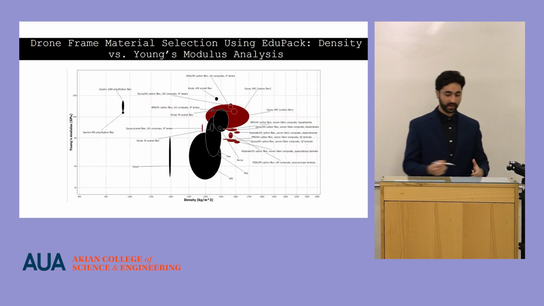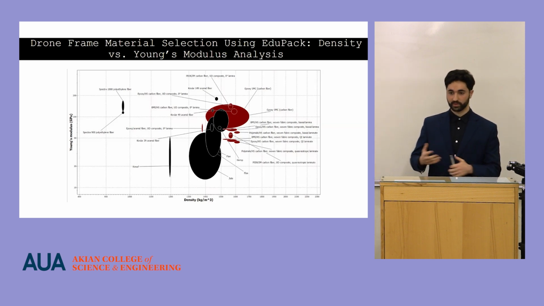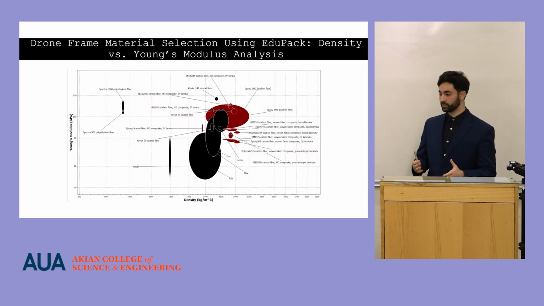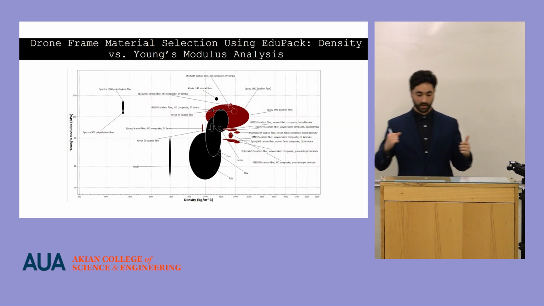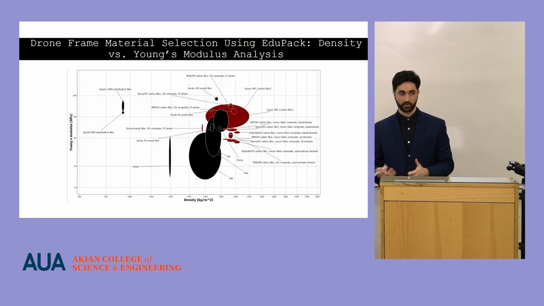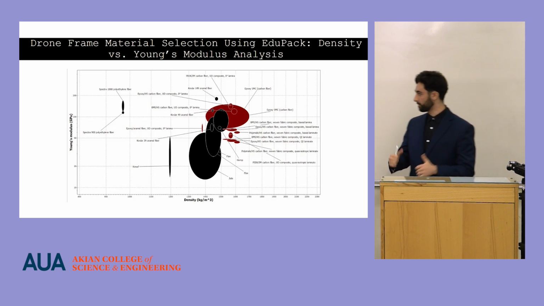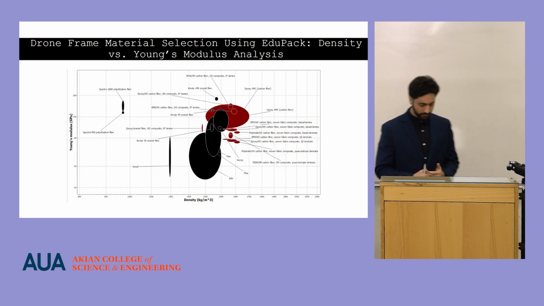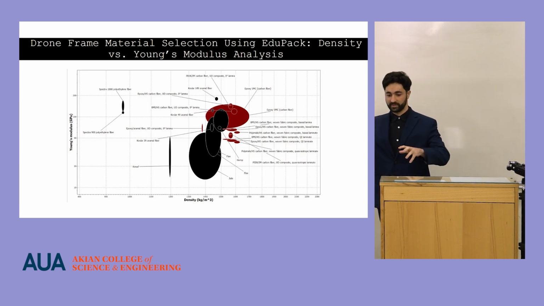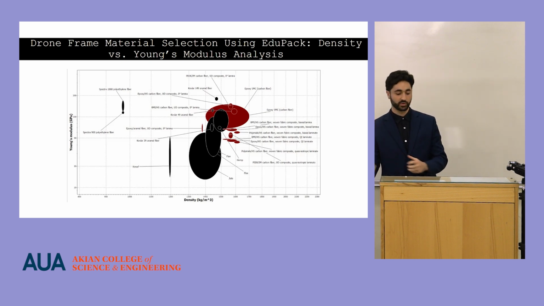I used EduPack from Material Science. And essentially what I did here was set constraints and limits. So from all the materials, we want to make sure the drone has fracture toughness, so it can handle micro cracks, Young's modulus, so it's not bendy and it's stiff, and tensile strength, because as we know, the motors have tension forces on the drone as well as the payload, which is pulling from beneath the drone.